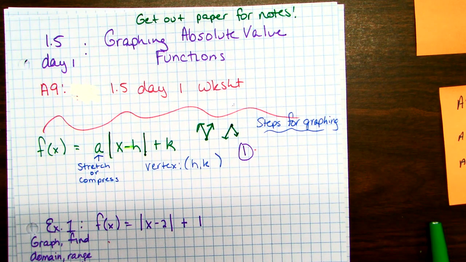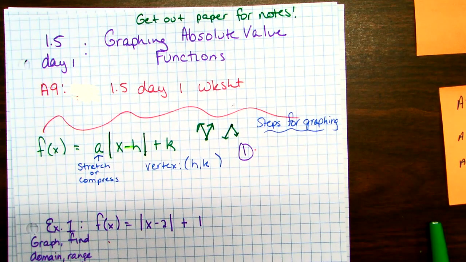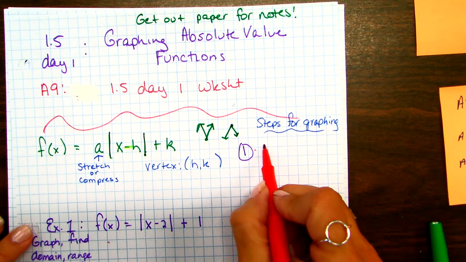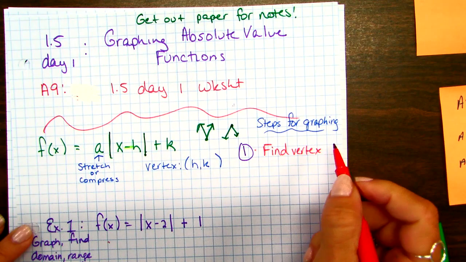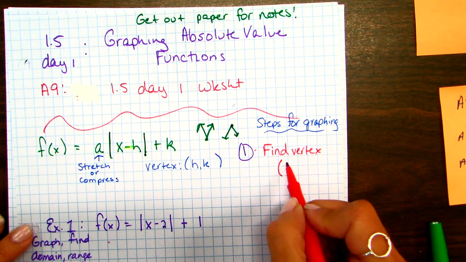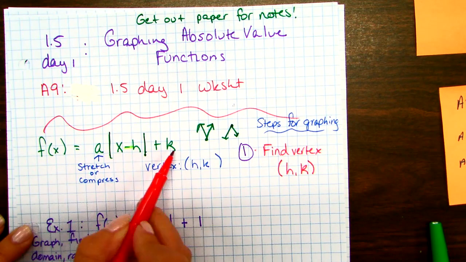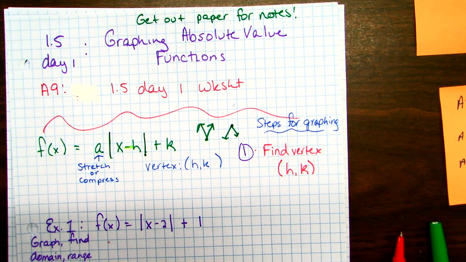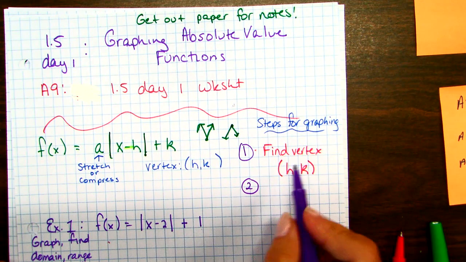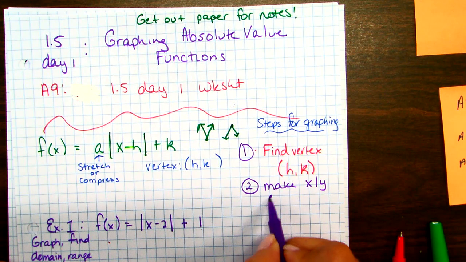And here's the steps that we go through to graph. We start by finding the vertex. And there's no math involved in that. There's no formula or anything. It's just looking at you, I like to say. It's the H and the K that comes right out of the equation. You just have to know how to find it. Okay? The second step is to make an XY chart.